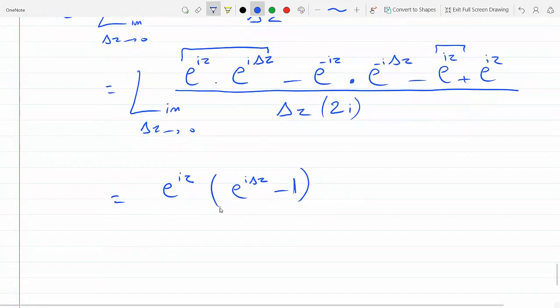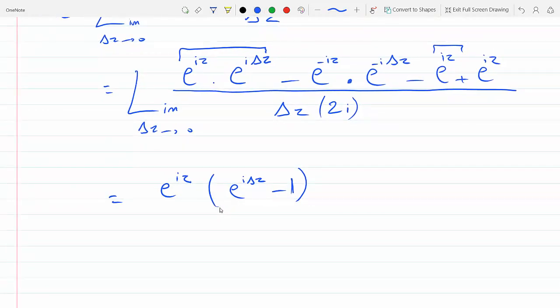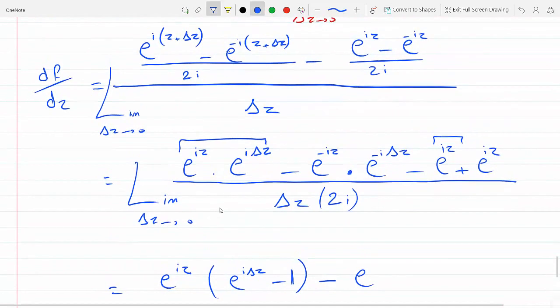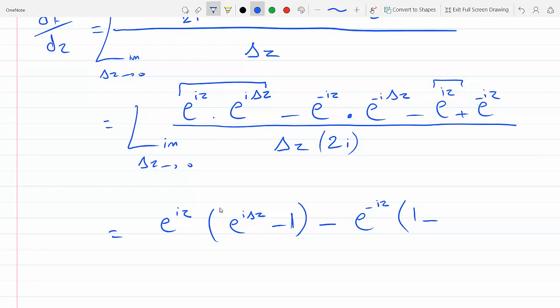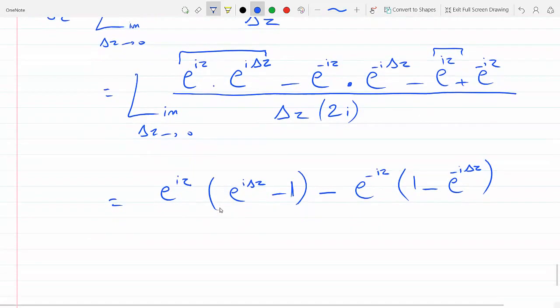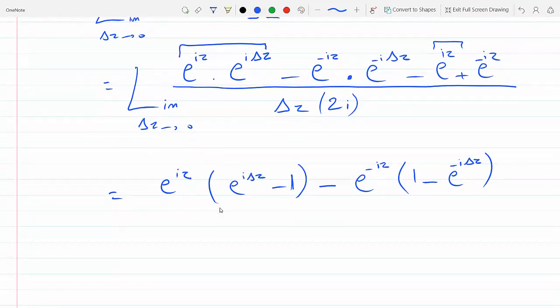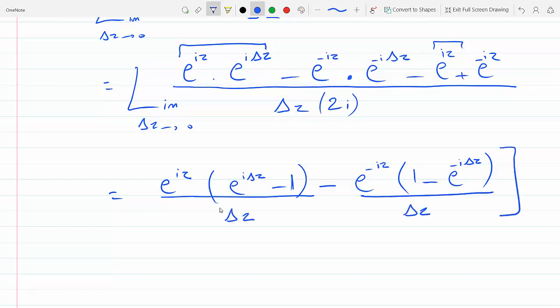Minus e to the minus iz, oh, this is minus iz, so e to the minus iz times 1 minus e to the minus i delta z. This is divided by delta z, and this is divided by delta z, and there's 1 over 2i outside.